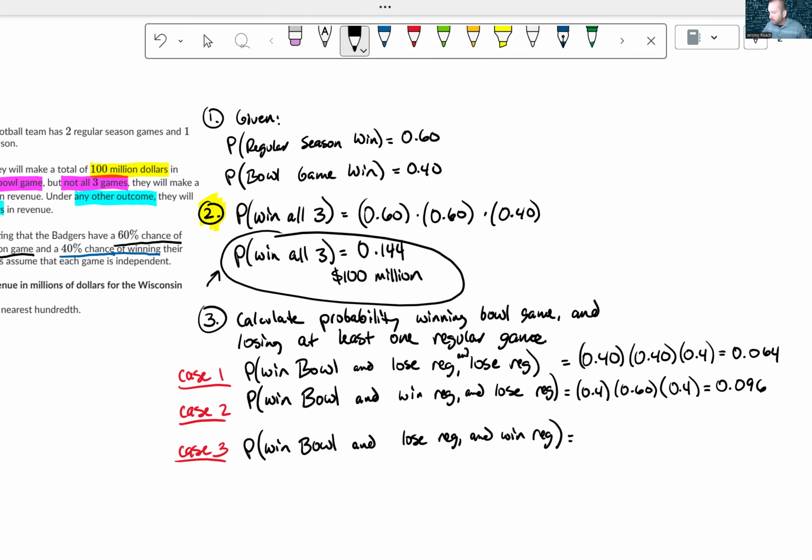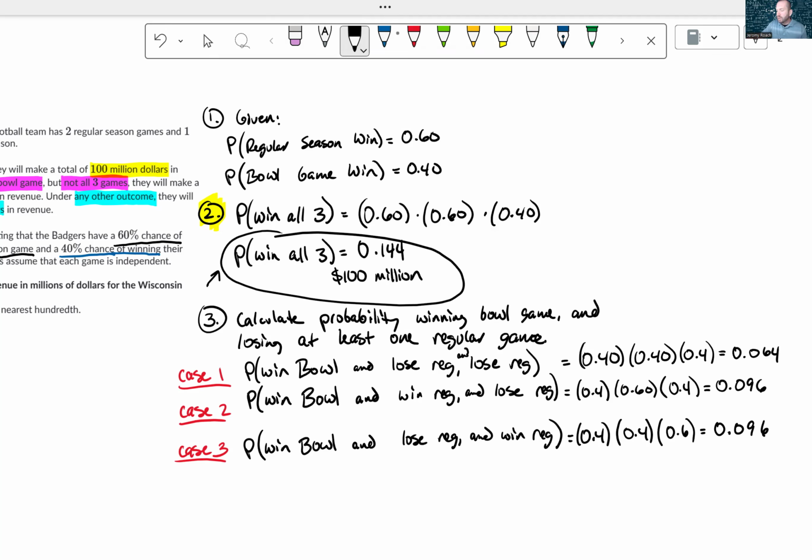For the last case, winning a bowl game is 0.4, losing a regular game is 0.4, and winning a regular game is 0.6. When we multiply all of that out, we get 0.096 again.